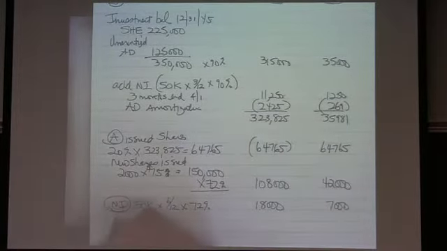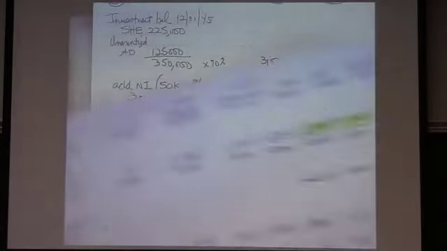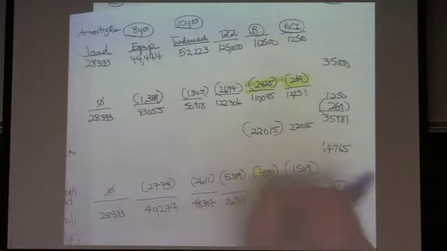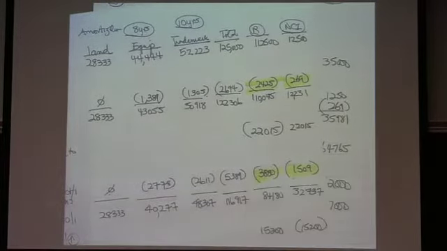Remember the AD? The AD amortization, we needed that too as well. And the AD amortization is the 3880 and the 1509.